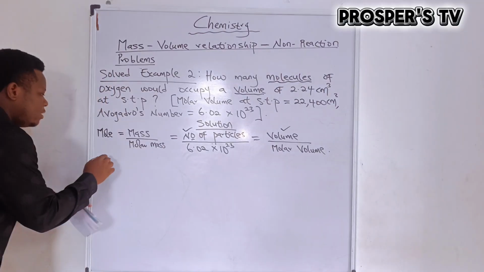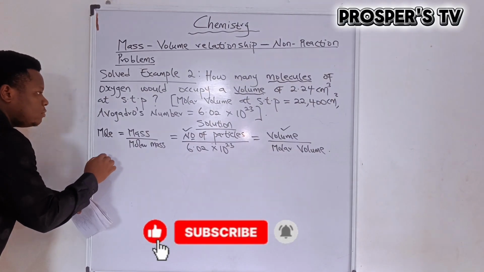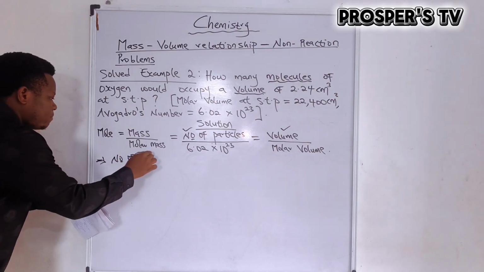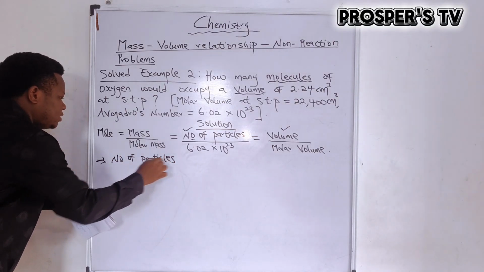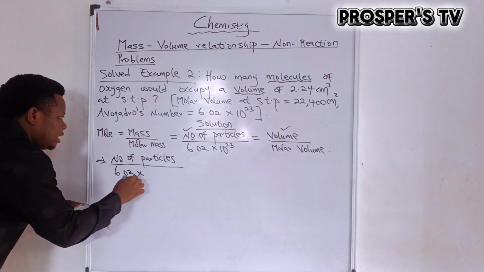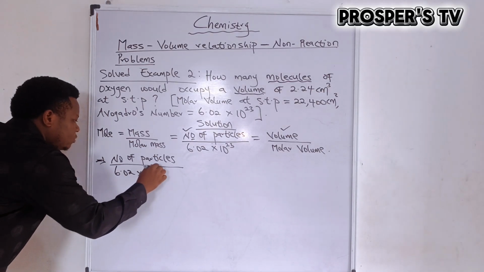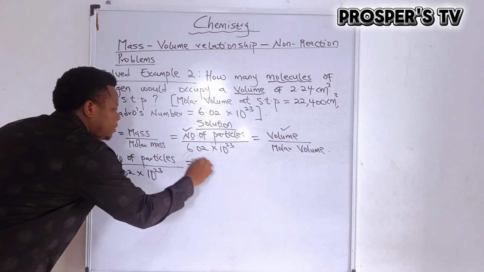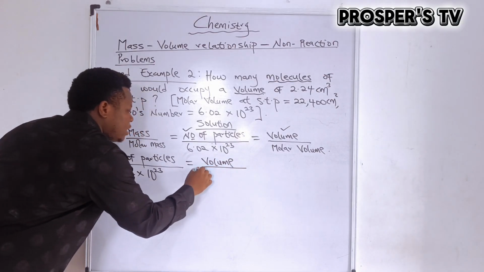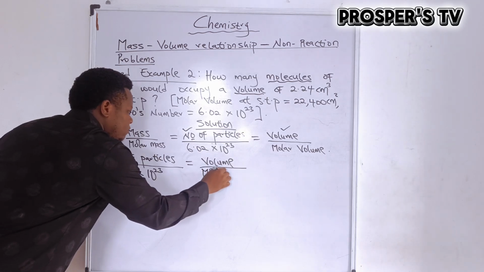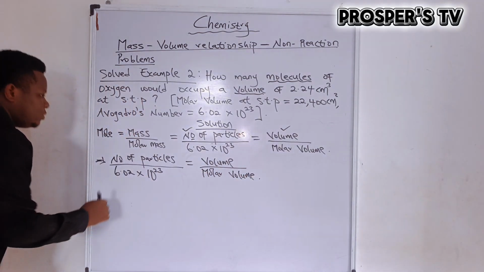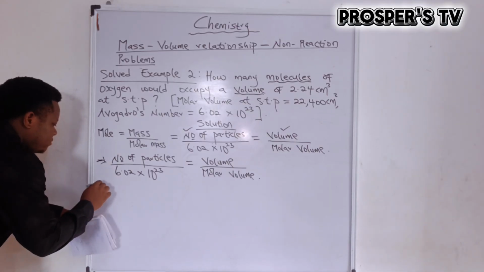So our formula becomes number of particles over 6.02 times 10 raised to power 23 equal to volume over molar volume. So let's substitute in our parameters.